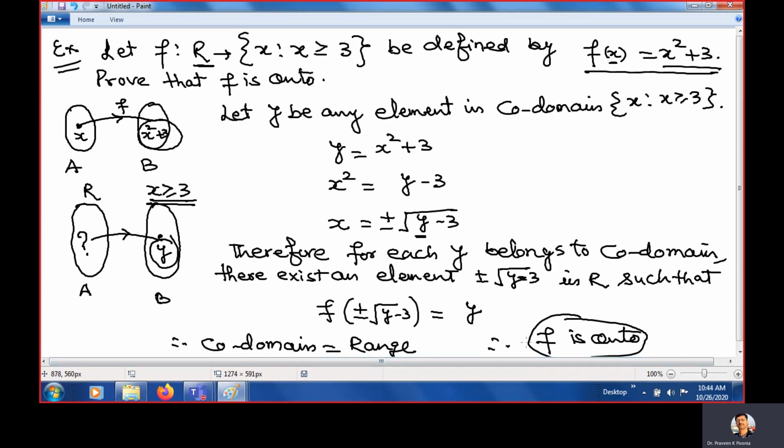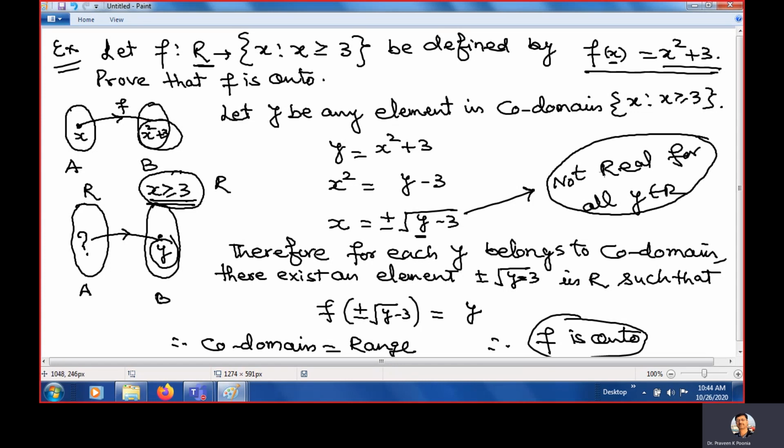One thing I want to mention here: if in place of x greater than or equal to 3 we are taking R here, then this is not onto. Why is this not onto? Because in that case this function will not be real for all y belonging to R. The answer should be real.